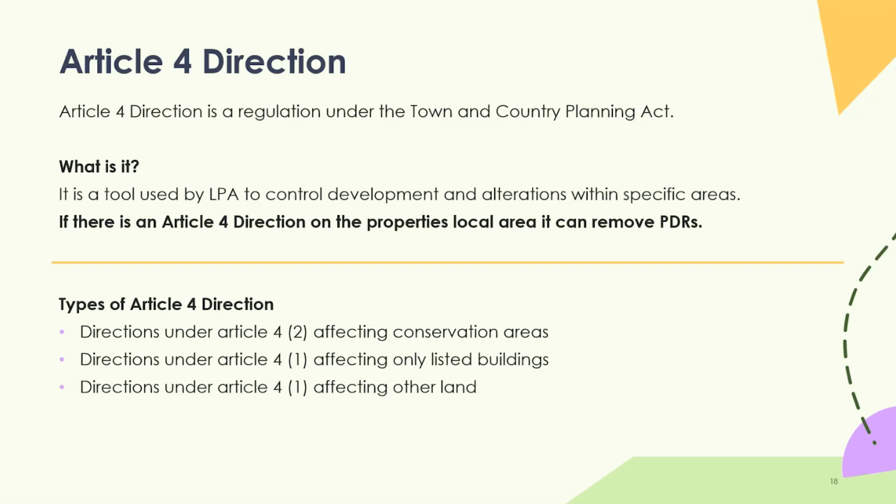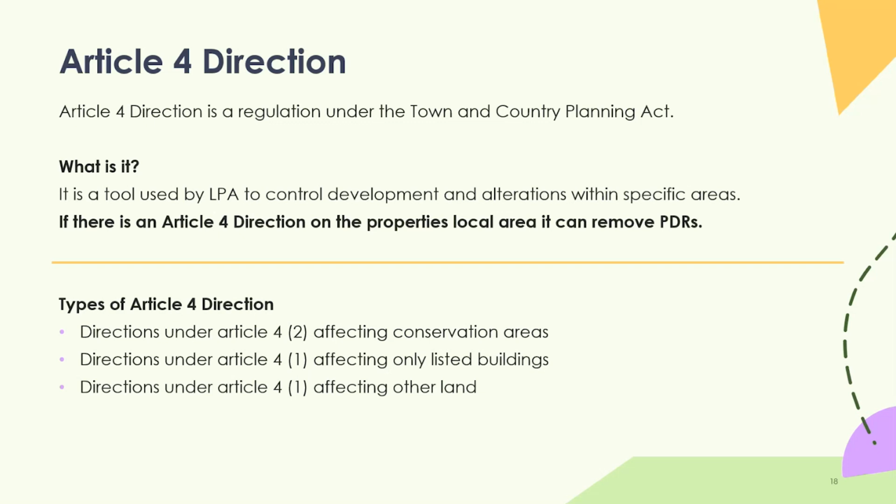So there are three different types of direction. Directions affecting conservation areas, directions affecting only listed buildings, and directions affecting other land. I think it's also worth noting that Article 4 can be used to control the impact of houses of multiple occupation in particular areas.